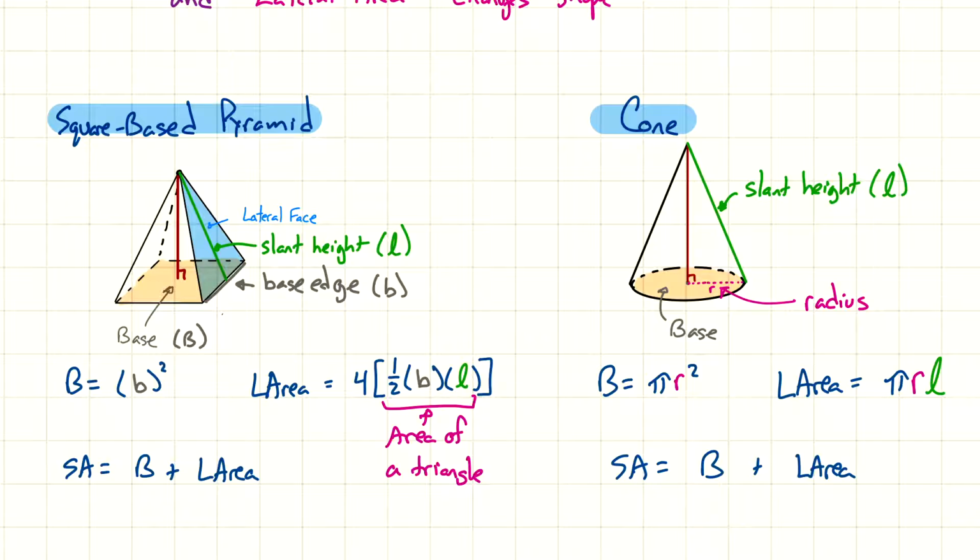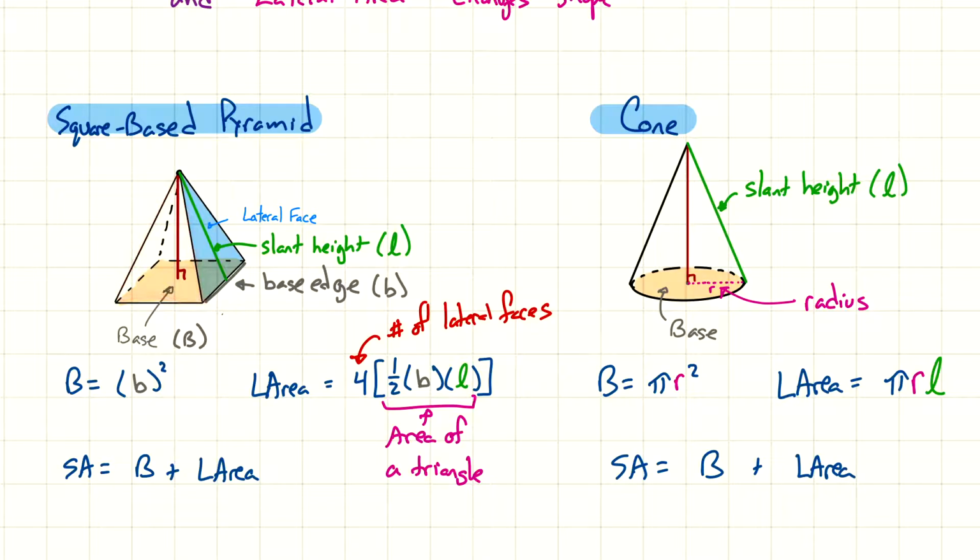So that means I need to basically find the area of one triangle, and then I'm going to multiply it by 4. Why did I multiply it by 4? Well, this 4 happens to be the number of lateral faces, which also happens to be the number of base edges. So you'll notice there's 1, 2, 3, 4 base edges because there's actually 4 triangles.